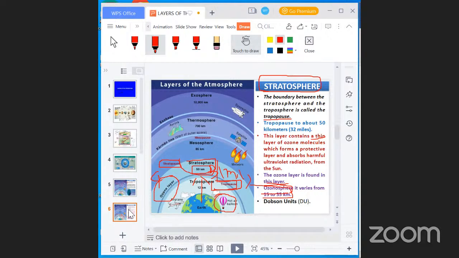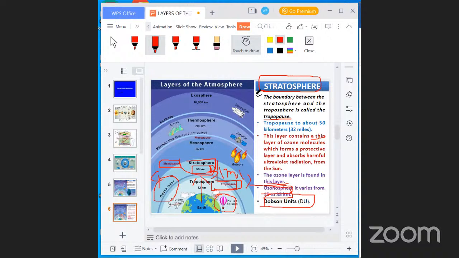The thickness of ozone in a column of air from the ground to the top of the atmosphere is measured in DU, which means Dobson units.